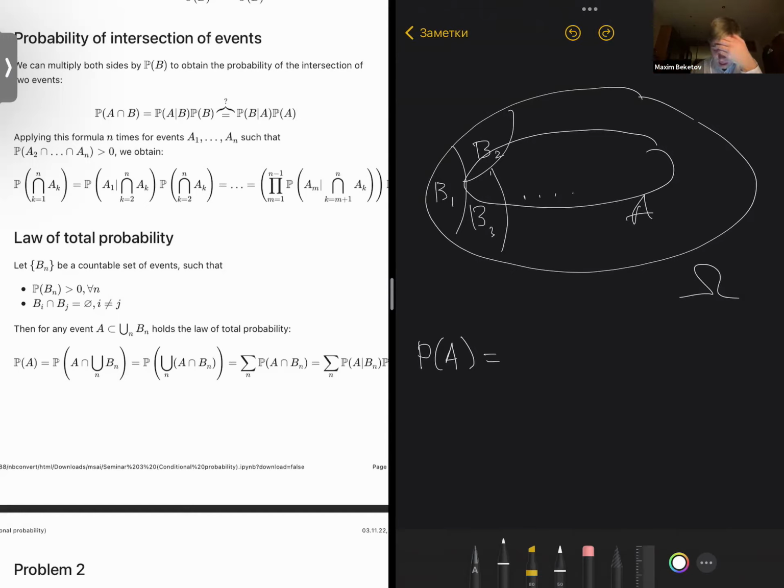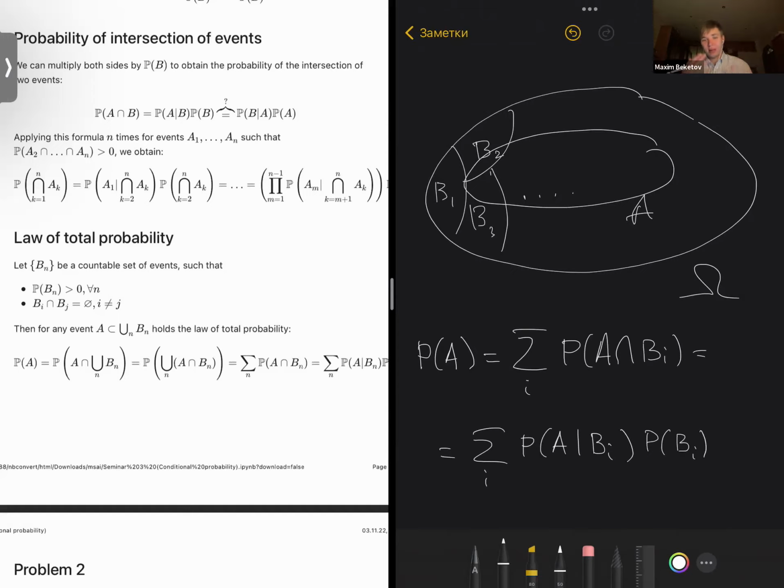So how can you find the probability of A? You can just sum these areas, the intersections of A with the B's. So you can sum over the B's the probabilities of intersections of A and a certain B, and you can remember that that is basically the probability of A given a certain B times P of that B.